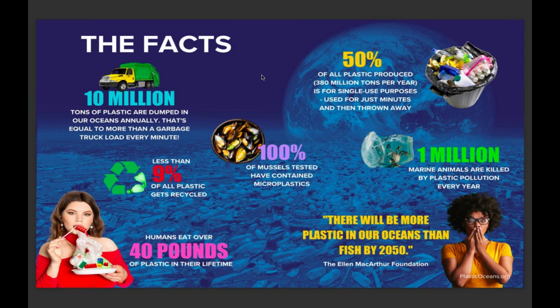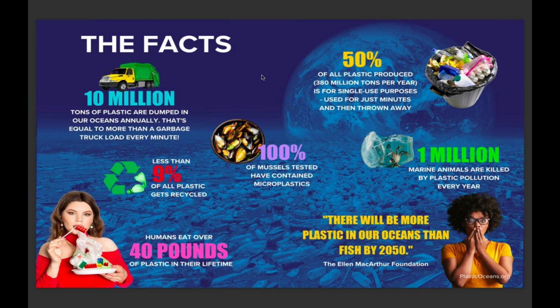To understand it in a better way, that is equal to a garbage truck load every minute, which is huge. And only 50% of all the plastics that we produce is recycled. That means 50% is for single-use purposes. We just use them and we just throw them.